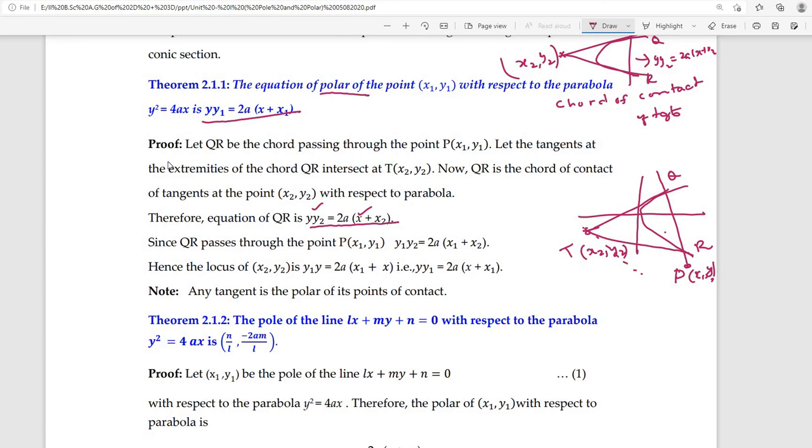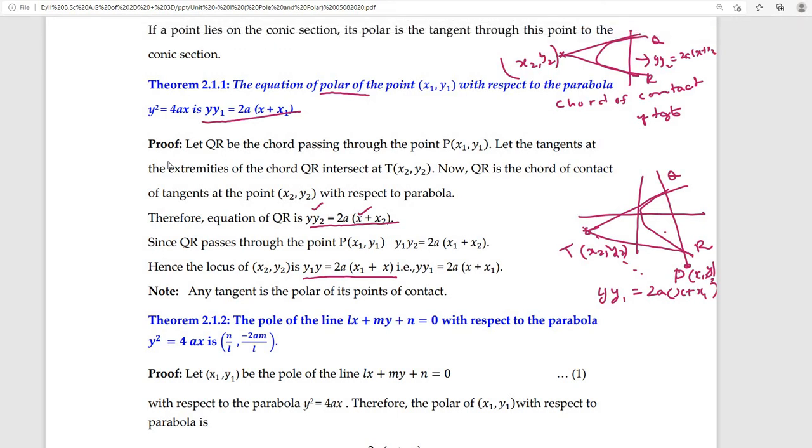So the locus of (x2, y2), by just dropping the suffix 2, we get y1 equal to 2a into (x plus x1). So the equation of the polar of the point (x1, y1) with respect to the parabola is y1 equal to 2a into (x plus x1).